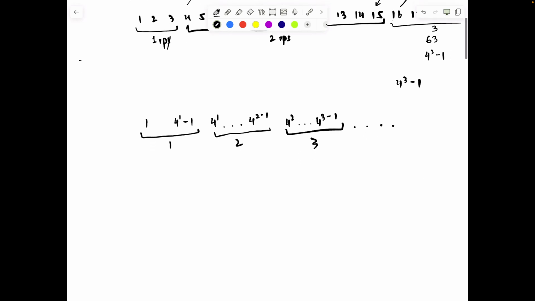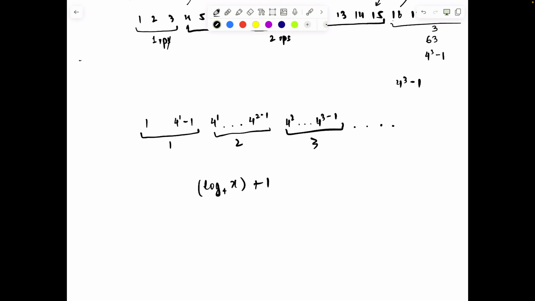So the number of operations required to make a number 0 when you divide it by 4 continuously is nothing but log of the number with base 4, floored, plus 1.